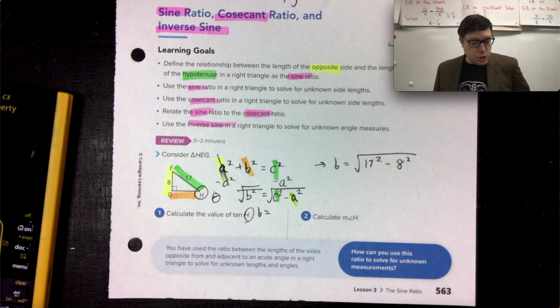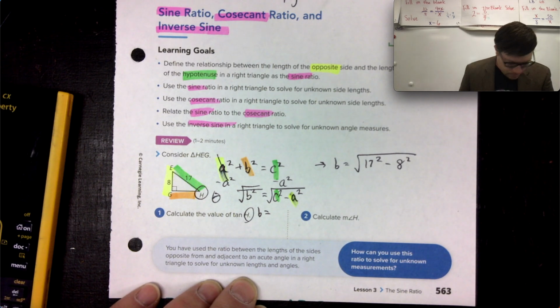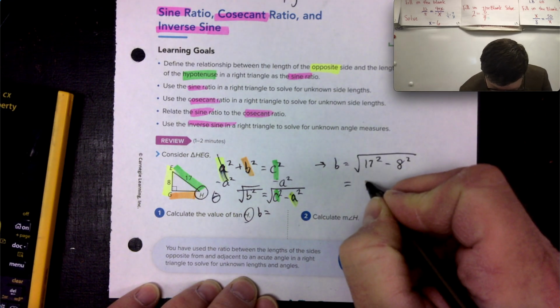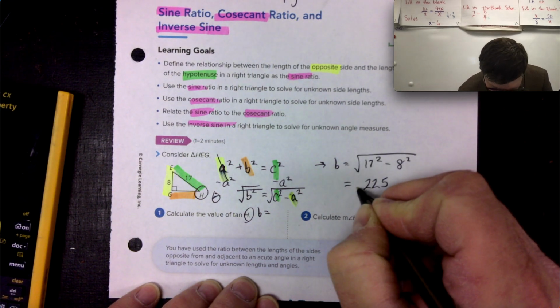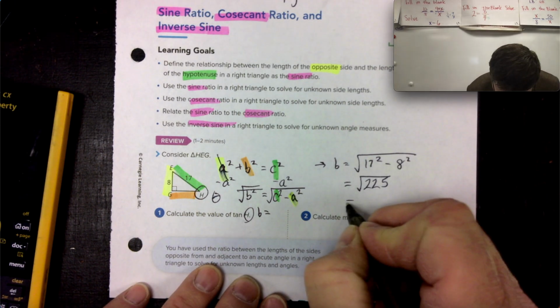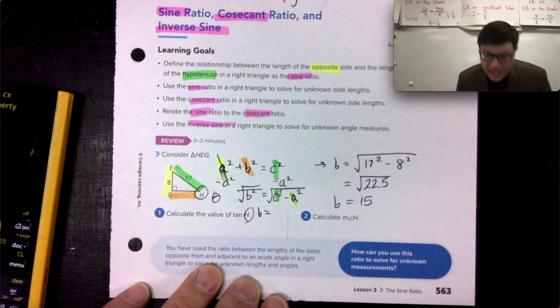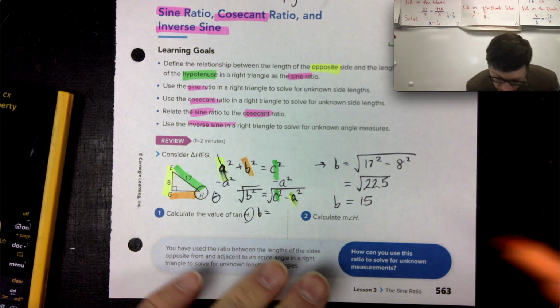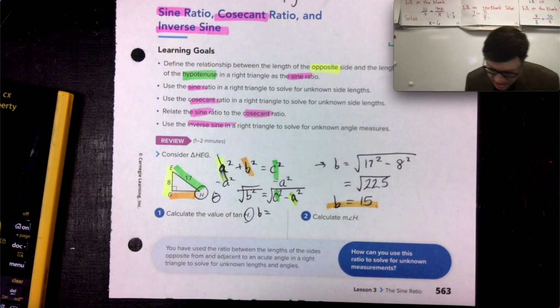What's 289 minus 64? 289 minus 64 is 225. And it's still square rooted. What's the square root of 225? The square root of 225 is 15. Okay, so that tells me the adjacent side is 15.